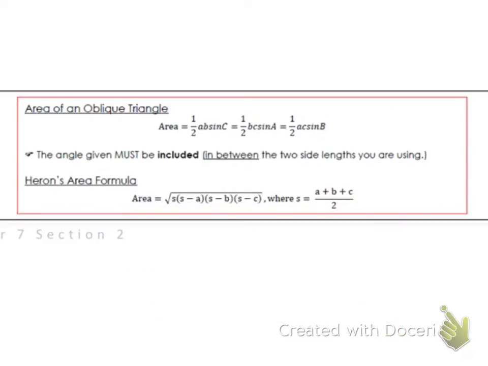Next is area of a triangle. So the area of an oblique triangle using the law of cosines. Hey guys, let's make sure we pay attention to this stuff real quick, and then you guys can talk.